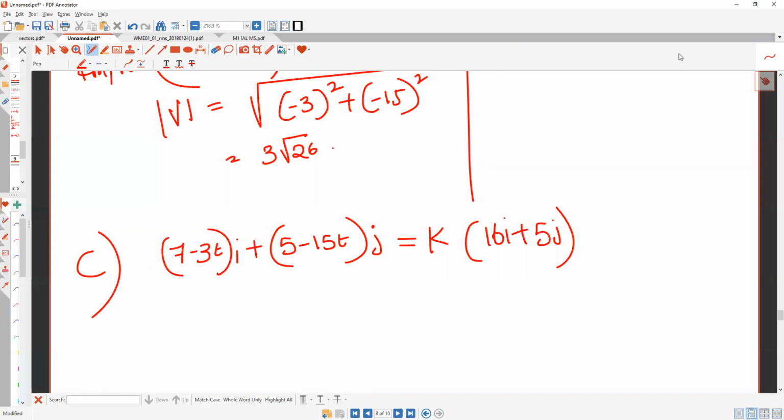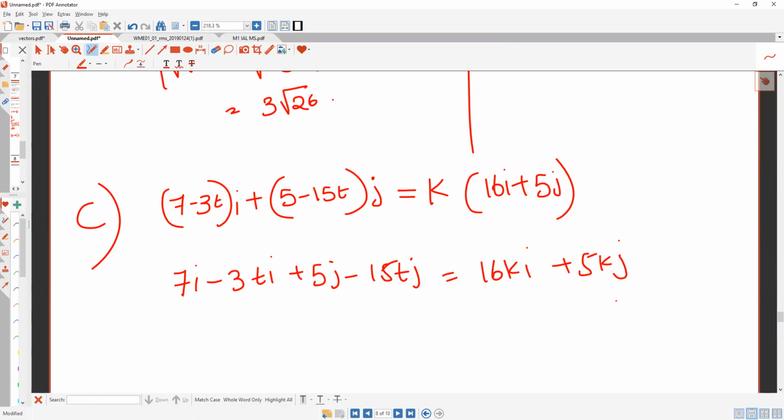Pause recording. Let's see whether we are getting the answer or not. It should be 7i minus 3ti plus 5j minus 15tj is equal to 16ki plus 5kj. So 7 minus 3t is equal to 16k, and 5 minus 15t is equal to 5k.